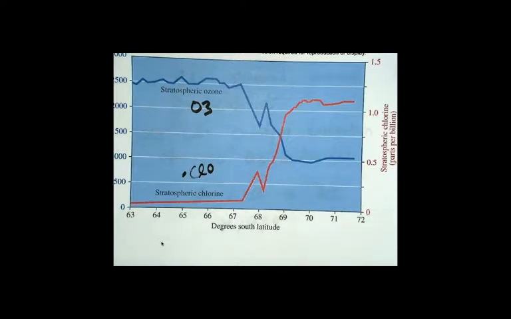Now, before people can be convinced to do something about the fact that we were putting this particular chemical in the environment, they had to rule out, are there any other natural sources of chlorinated carbon compounds in the environment? Because just because it's there doesn't mean that people put it there. And so what they found is, no, to make that dramatic of a difference, there really aren't any natural sources.